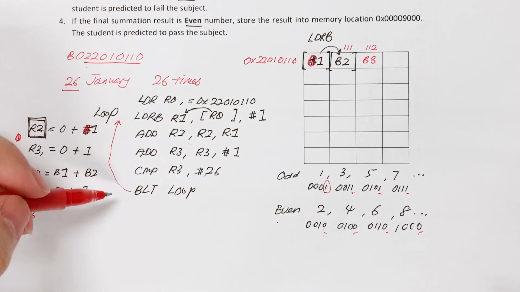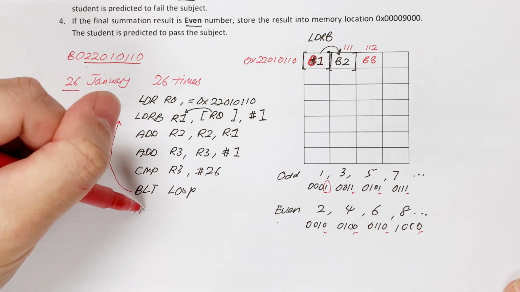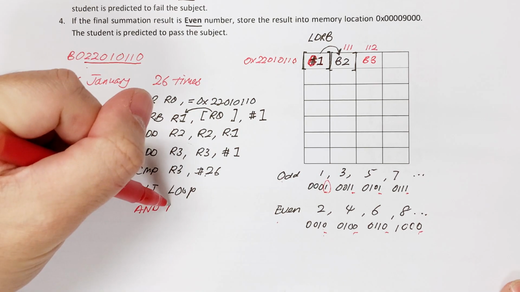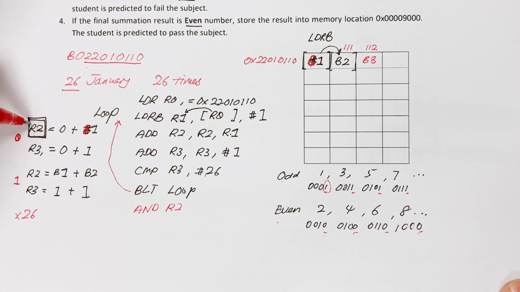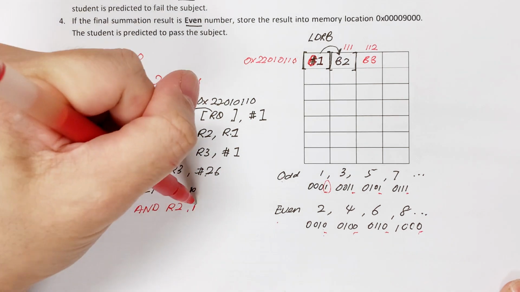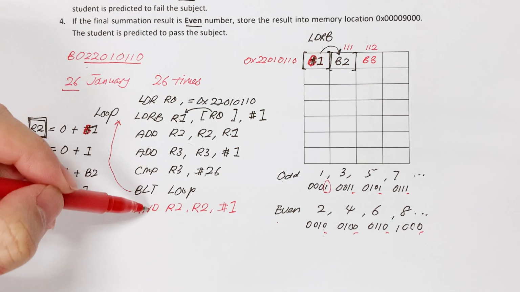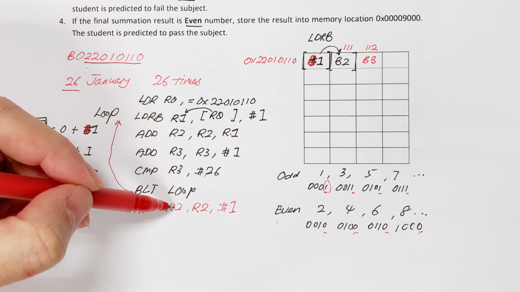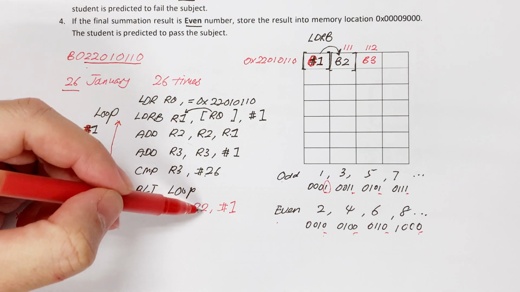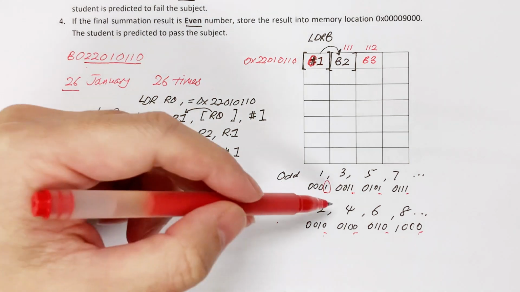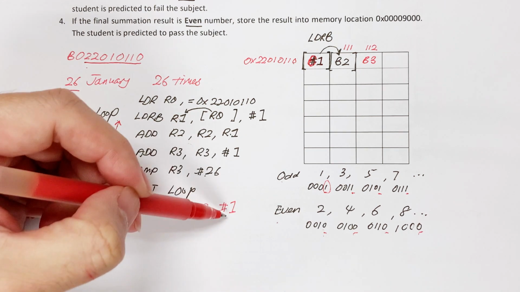The way we could do it is by using an AND operation on register 2, because register 2 is the result that we want to check. So I would do an AND operation and the result is stored at register 2. The process is to do an AND operation for every single bit from register 2 with 1.